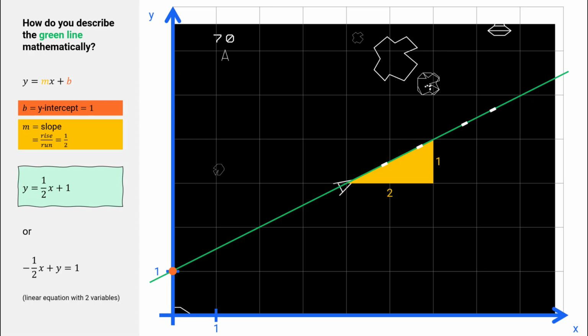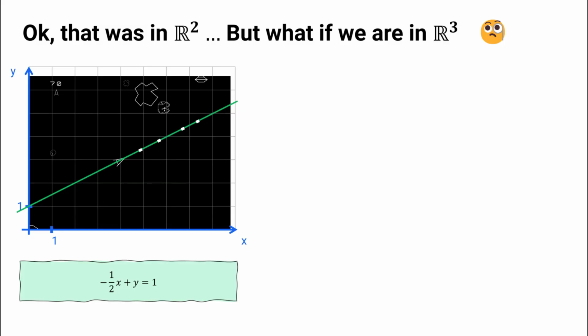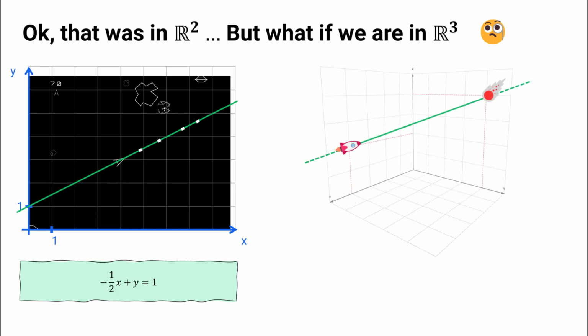Now, this would be a linear equation with 2 variables. Now you may say, okay, that was in the 2-dimensional space, but what if we are in the three-dimensional space? And besides, all we know now is that the shots are on the green line, but we are not really able to describe their position on the line with respect to time. So there are still some limitations.